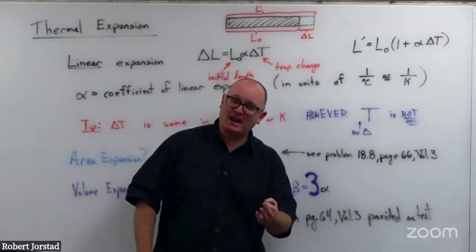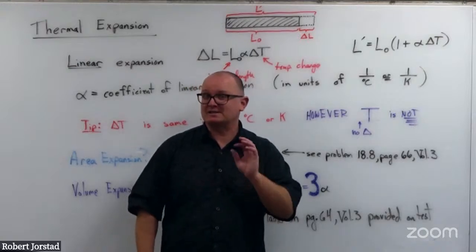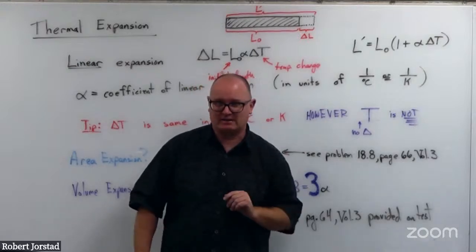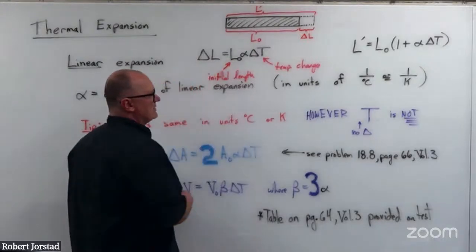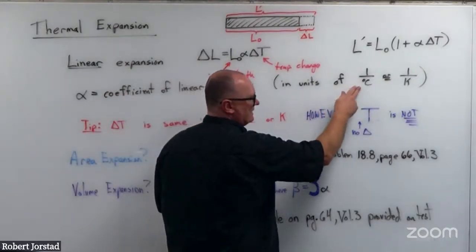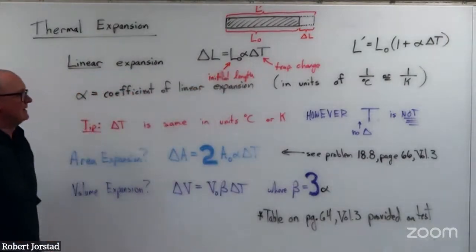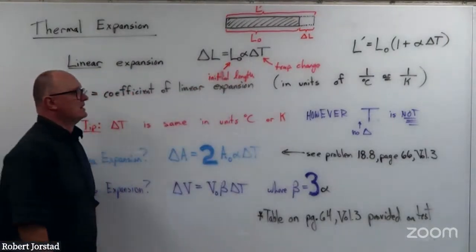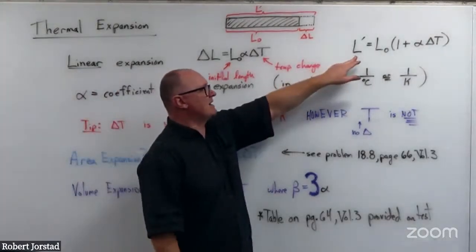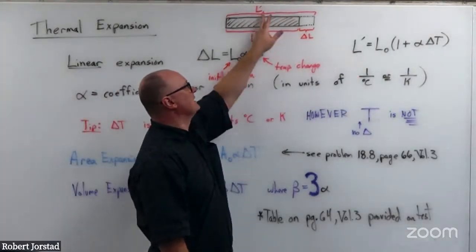But a change of 30 degrees Celsius is equal to a change of 30 Kelvin. So that's why we could use either units of 1 over degrees Celsius or 1 over Kelvin for this coefficient alpha.